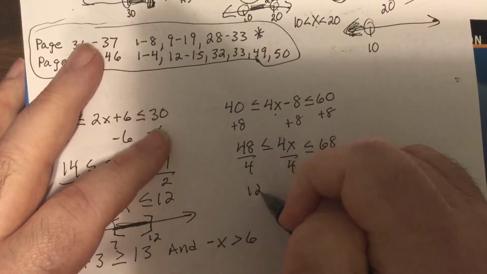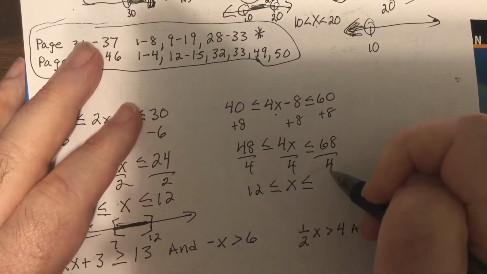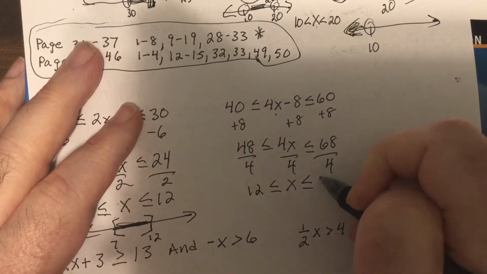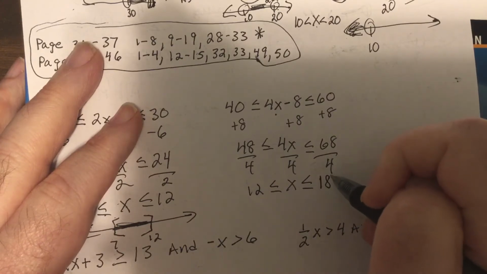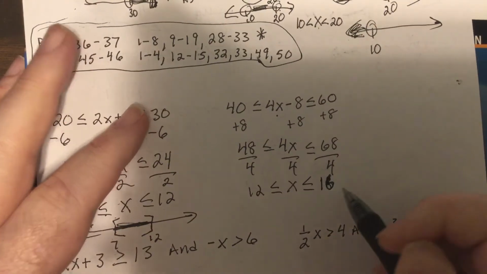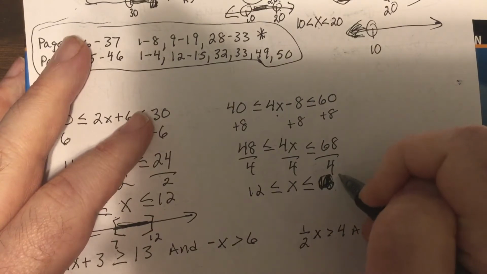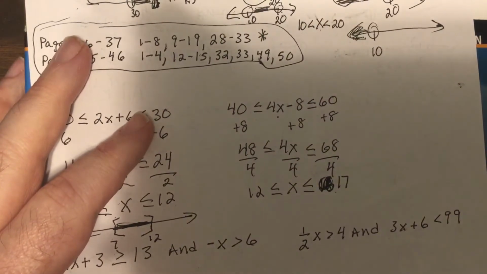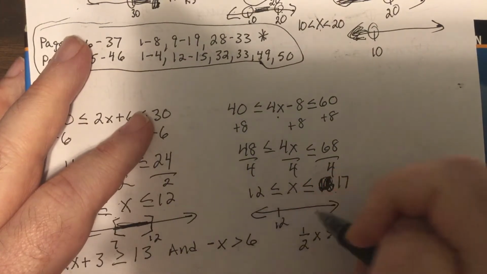So 12 is less than or equal to x, which is less than or equal to 18. Nope, 16. I made a boo-boo. I almost feel bad, but I don't. Nope. Let's try 17. There we go. Goodness, I've got to wake up this morning. Sorry. Mercy.